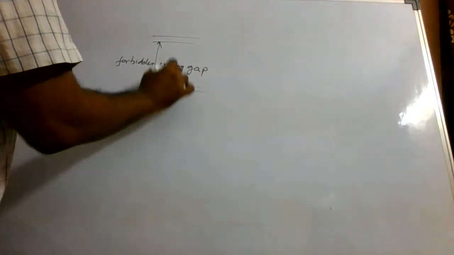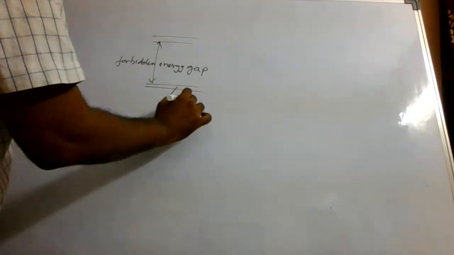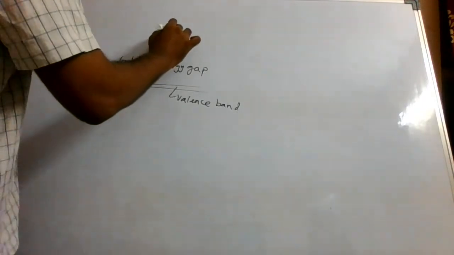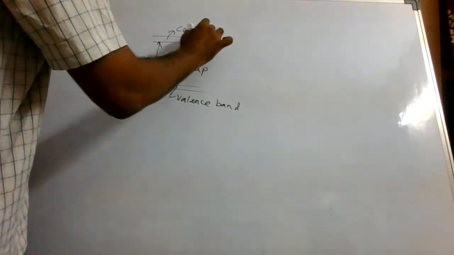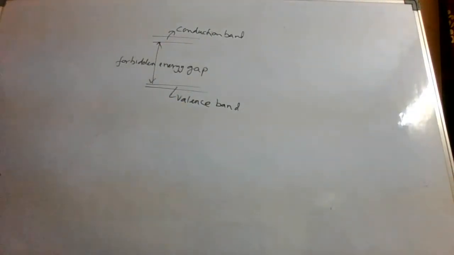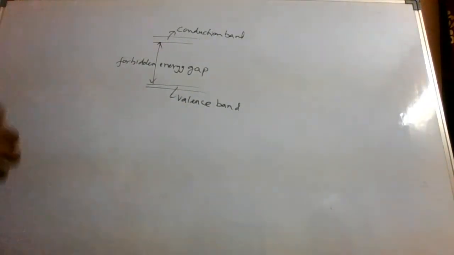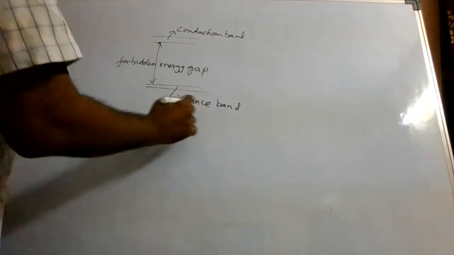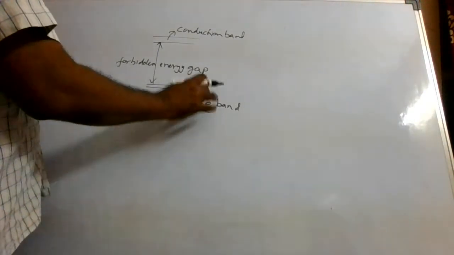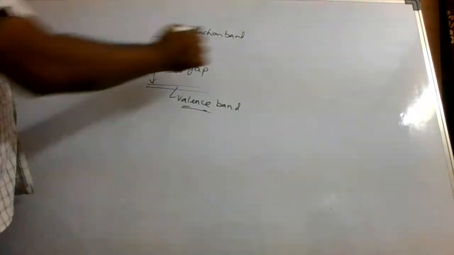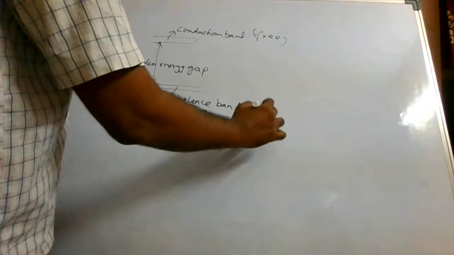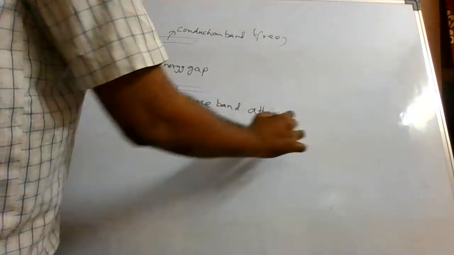Now this was our valence band and this was our conduction band. So the electrons which are in the valence band, you provide energy, they move to the conduction band. So here they are in free state. Here they are attached to the atom.